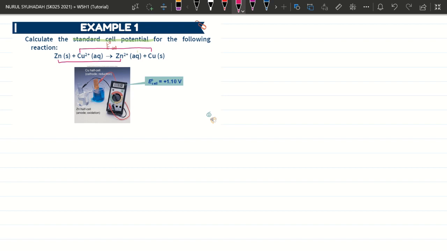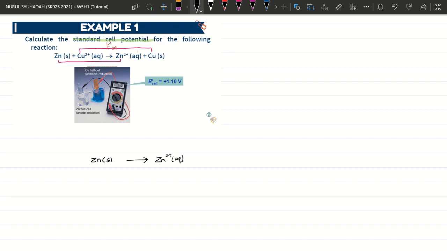Like we did in the previous semester, if we are not sure whether it is oxidation or reduction, try to balance the equation first. So let us balance it over here. I have zinc solid to become zinc 2 plus aqueous.